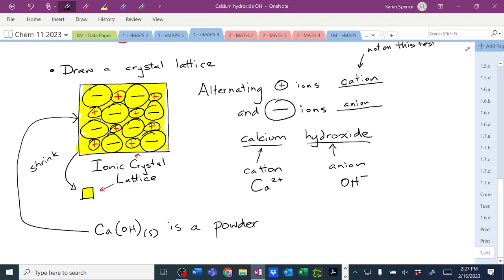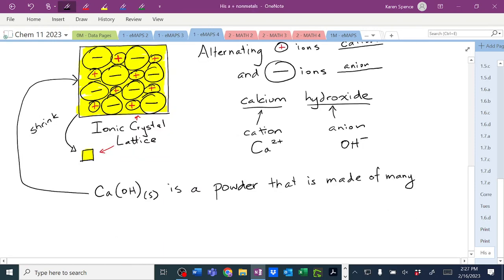It is made of many small crystal lattices. Each grain of powder is a small crystal lattice.